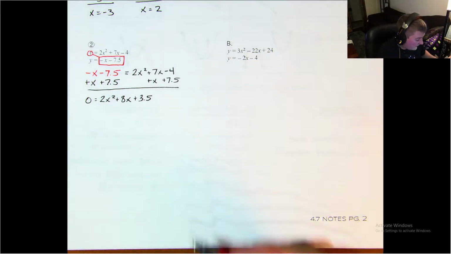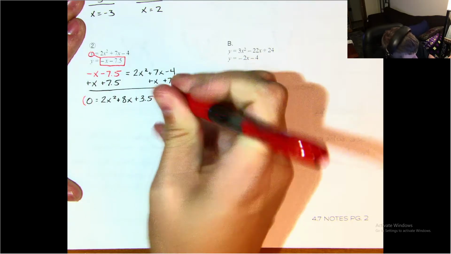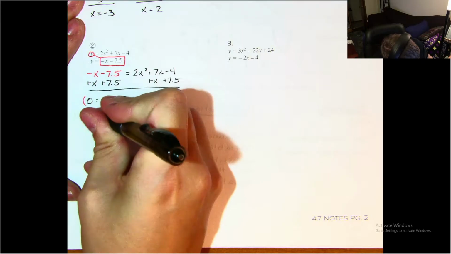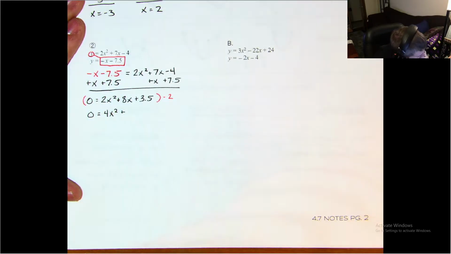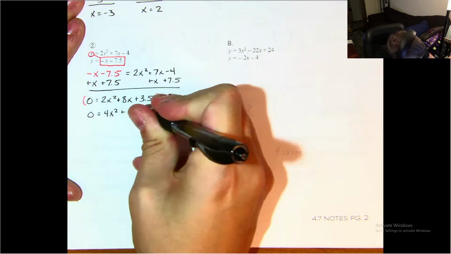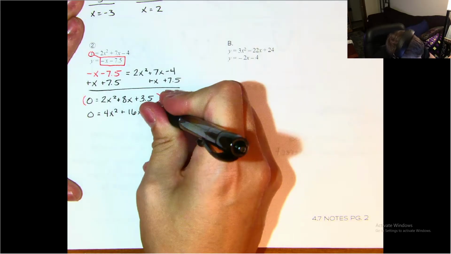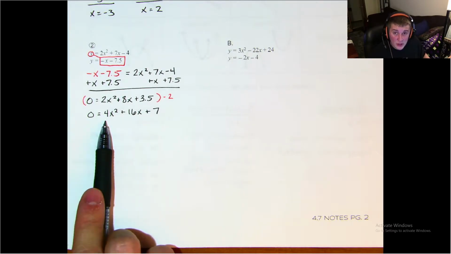So it's a half, 3.5. So I'm just going to take everything and multiply it by 2. So 2 times 0 is 0. 2 times x squared times 2 is 4x squared. 8x times 2 is 16x. 3.5 times 2 is 7.